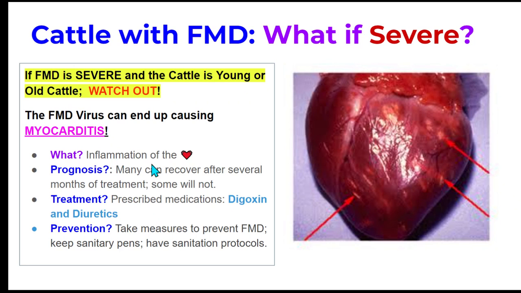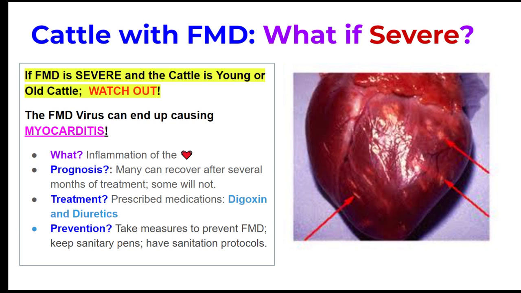This is inflammation of the heart. This is a problem that occurs with the cow's heart. It's secondary, it's caused by the foot and mouth disease virus.